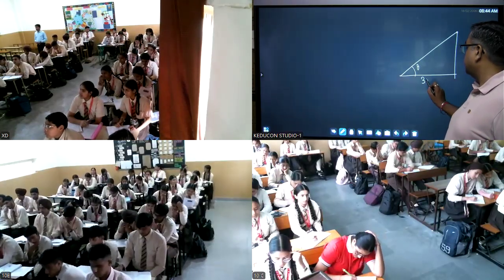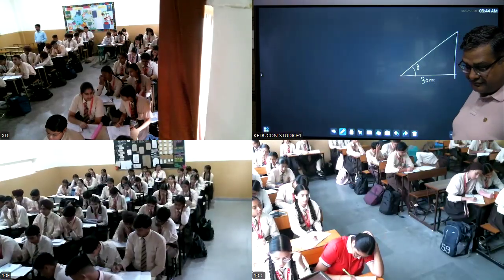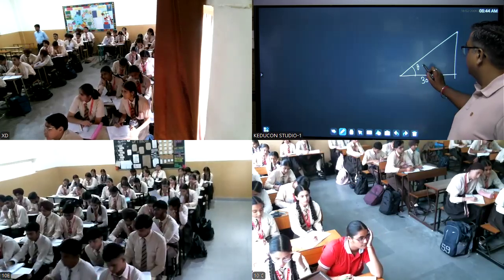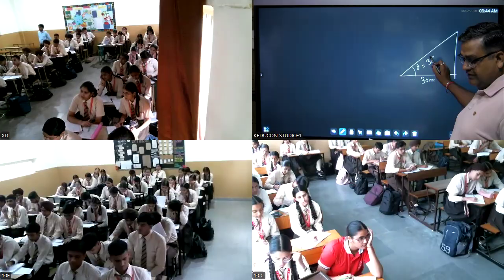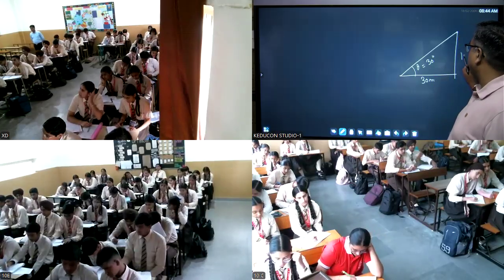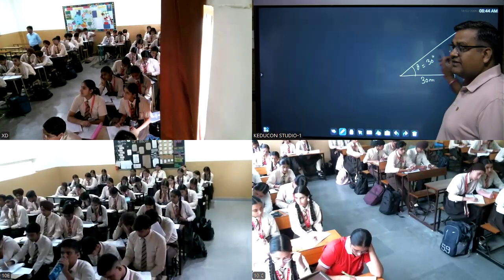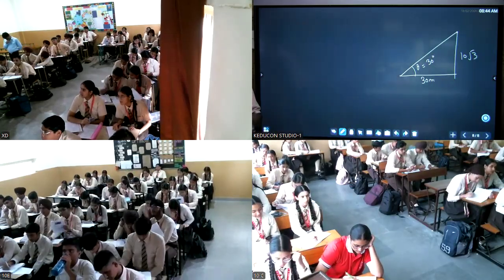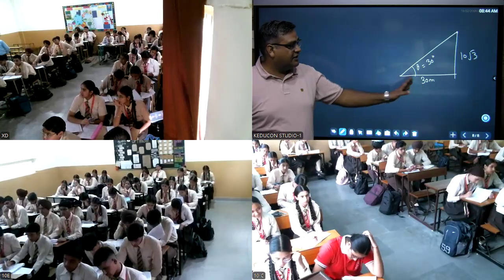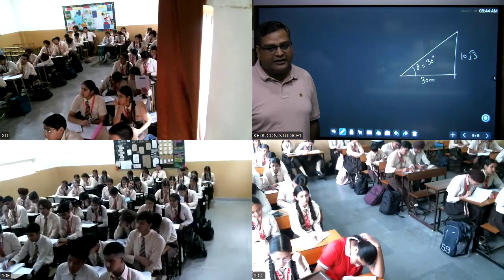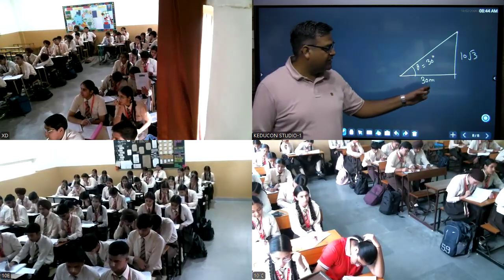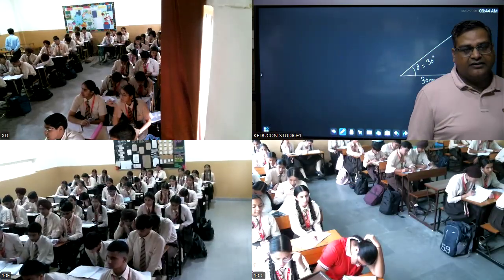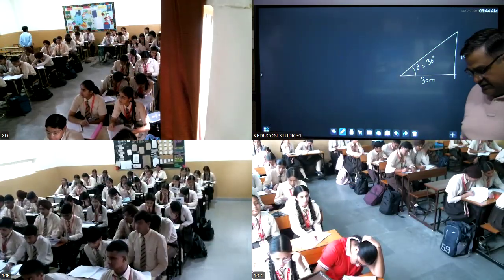This is 30 meter. Angle of elevation is 30 degree. Then the height of the tower is 10√3. Just check whether this information is correct or not. Just check, students. The distance between the point and the foot of the tower is 30 meter. Height of the tower is 10√3. Check the angle of elevation is 30 degree or something else.